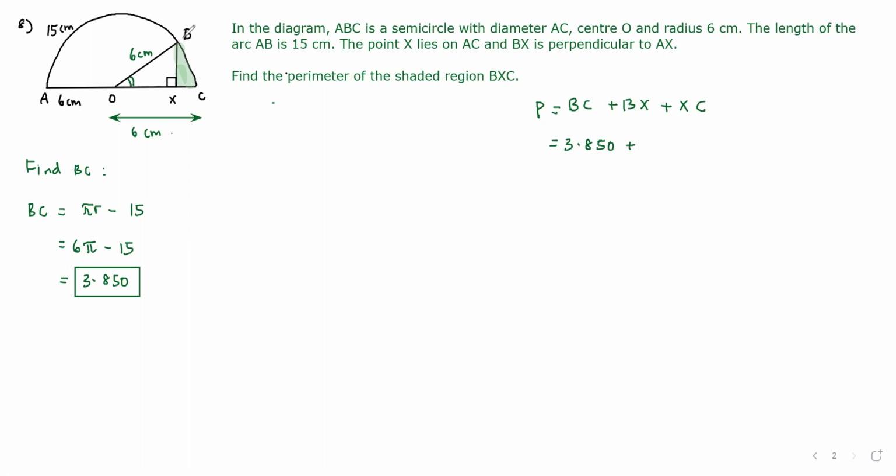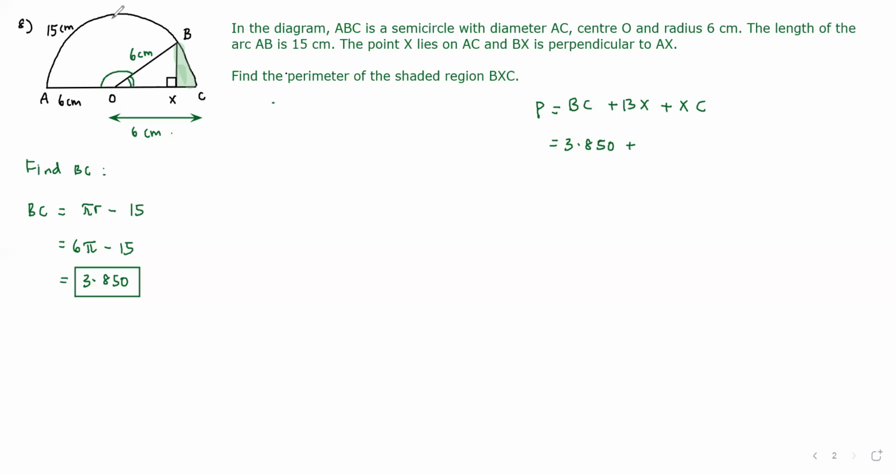As long as you can find angle BOX, then you are good. When you find angle AOB, then pi minus angle AOB gives angle BOX. So it is easier to find angle AOB first.